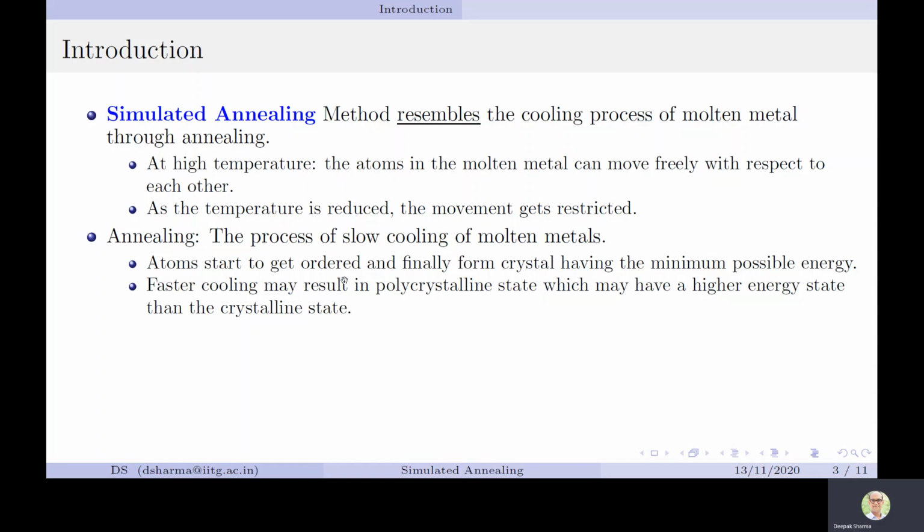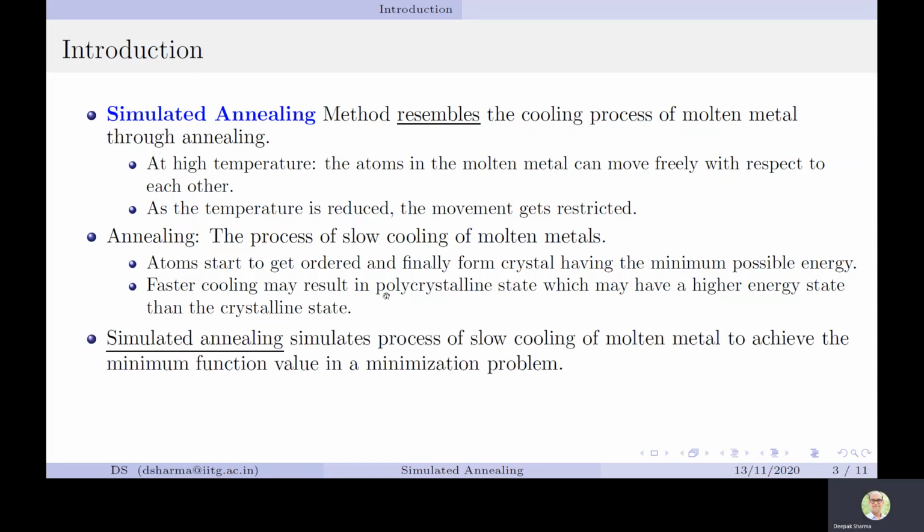If we cool slowly, then these crystals will be ordered in such a way that there will be minimum energy. On the other hand, if we perform this cooling faster, then it will create polycrystalline states, which may have a higher energy state than the crystalline state.